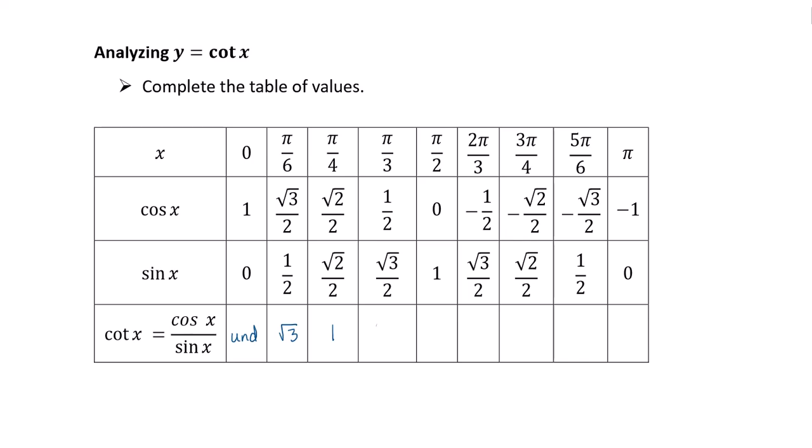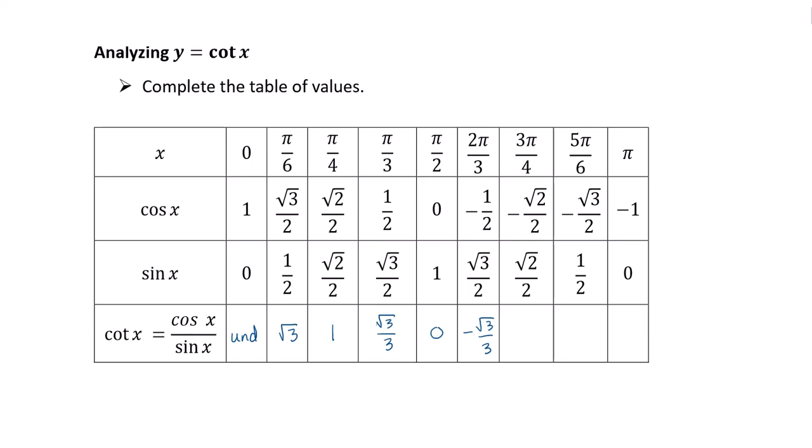And if I rationalize that, I'll have the square root of 3 over 3. 0 divided by 1 is 0. I have a negative half divided by square root 3 over 2. That's going to give me a negative 1 over square root 3, which when simplified, we get a negative square root of 3 divided by 3.